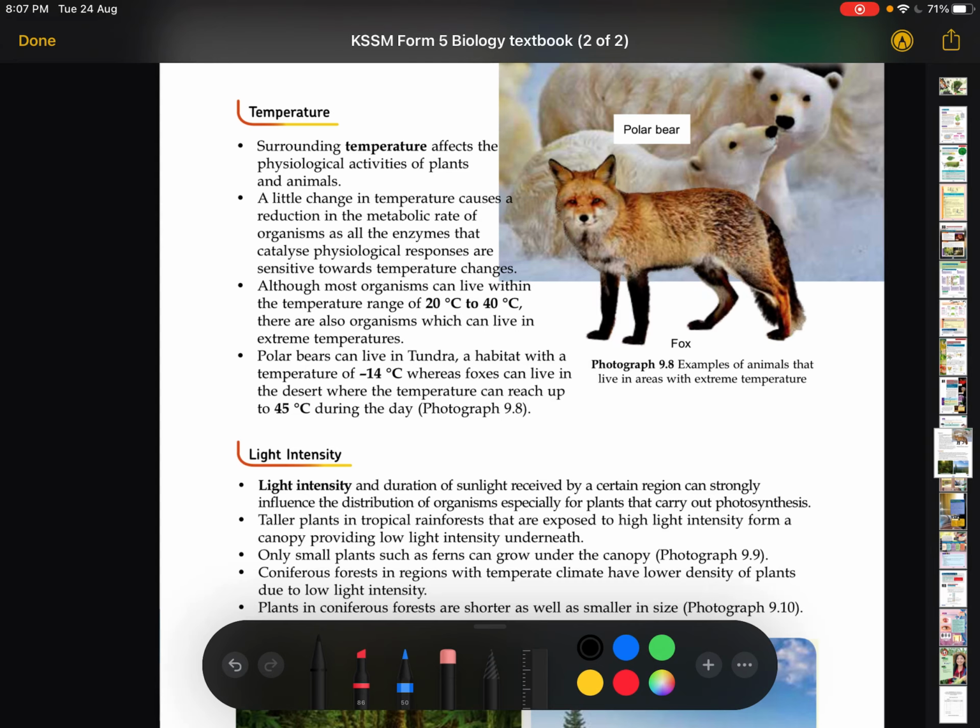And a little change in temperature causes a reduction in the metabolic rate of organisms, as all the enzymes that catalyze physiological responses are sensitive towards temperature changes. What that means is, if you remember, we learned before that if the temperature of the enzyme is too high, it will cause the enzyme to denature.